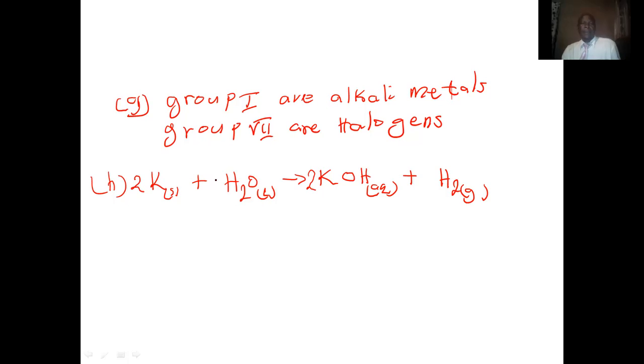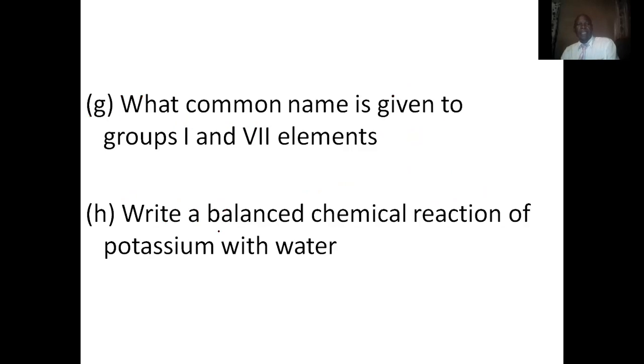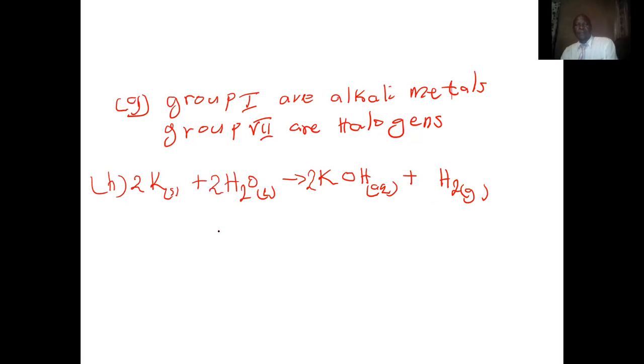For hydrogen, you have 4 atoms here, and this side you have 2 plus 2, and oxygen you have 2 on both sides. So this is the balanced chemical equation.